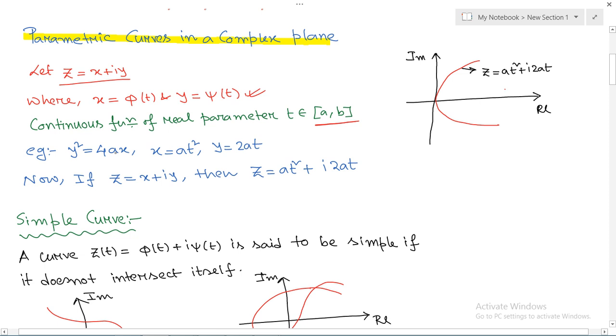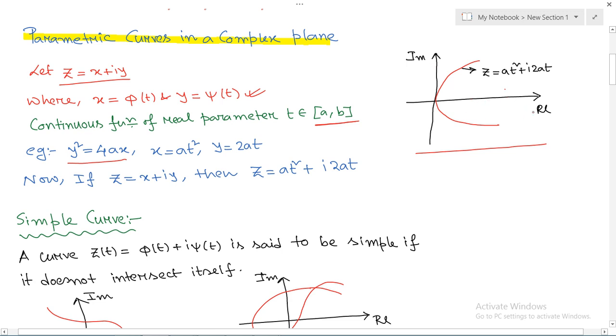For example, here we have taken one very well-known curve in the Cartesian coordinate system, y square equals 4ax. Everyone knows this represents a parabola. Now if we take the parametric form of the parabola, x equals at square and y equals 2at. In the graph of the parabola, this represents the real axis and this is the imaginary axis, because in the complex plane we do not write x-axis and y-axis.